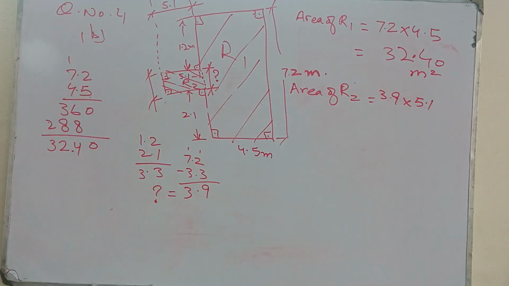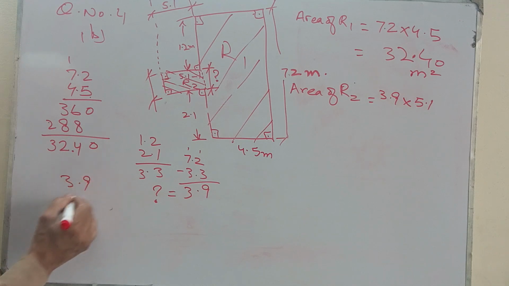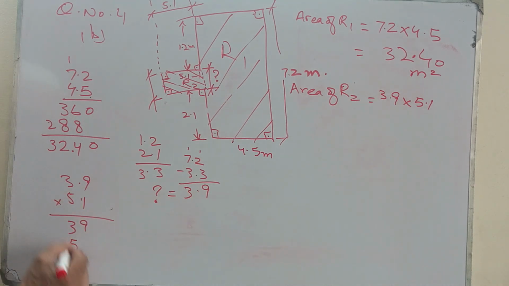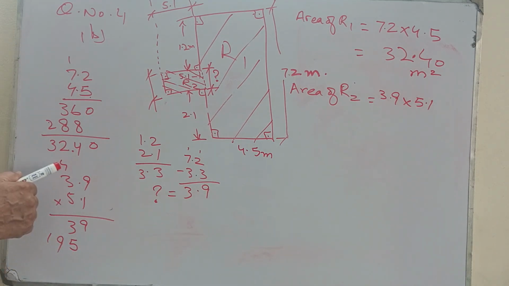Let me do it over here, 3.9 multiplied by 5.1. It will become 19.89. Okay, let me check it on the calculator also.